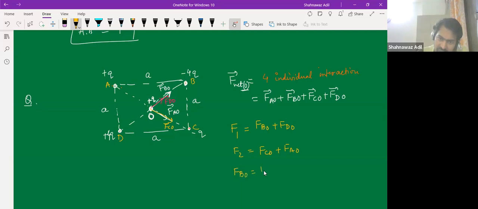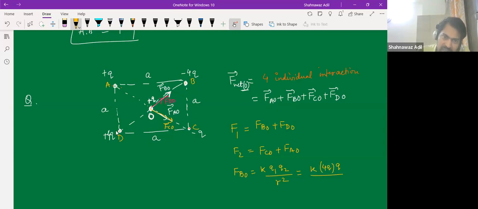What would be the magnitude of FBO? FBO is K Q1 Q2 divided by R square. Whenever we write the magnitude, we don't write the signs of the charges. So that is K, Q1 is 4Q, and this one is Q, divided by the distance between O and B squared.